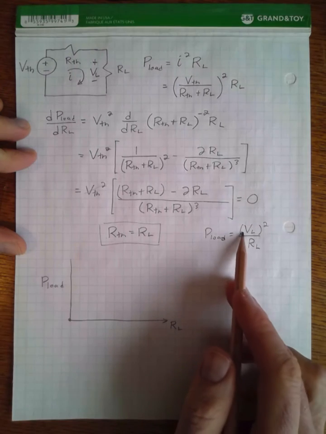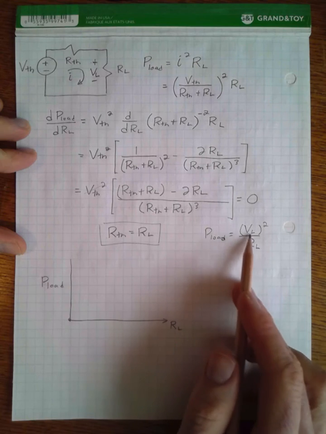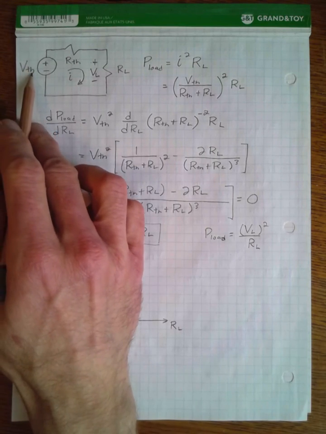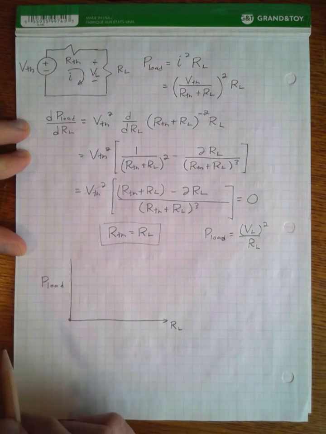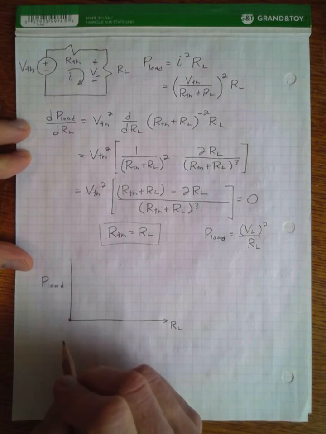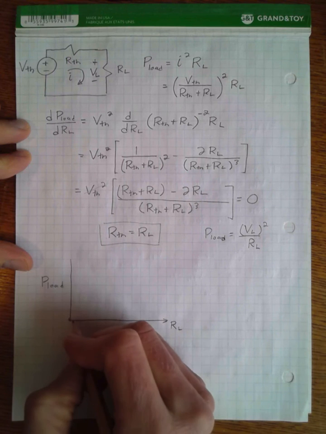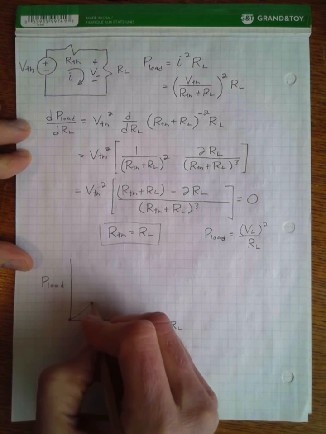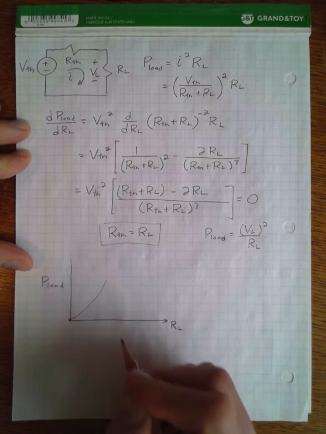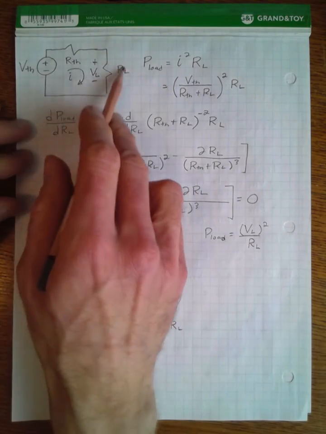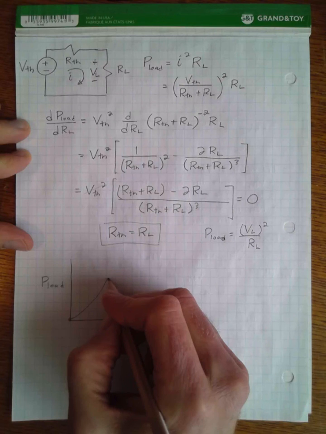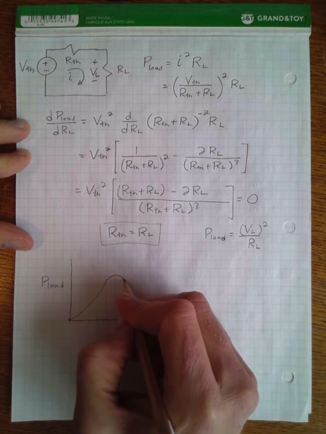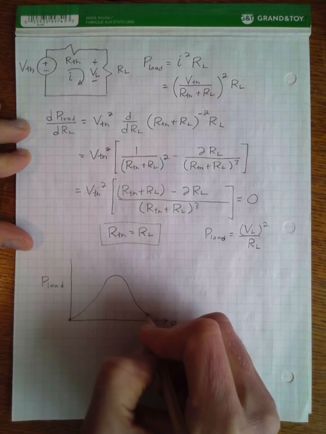And so we want to increase the amount of our Thevenin voltage that drops across our load rather than our internal resistance. And so as we increase our value of RL, for a while, power is going to increase as well, because we're getting a larger share of the Thevenin voltage. However, we're going to hit a maximum, and then our power is going to start to drop down after a while.